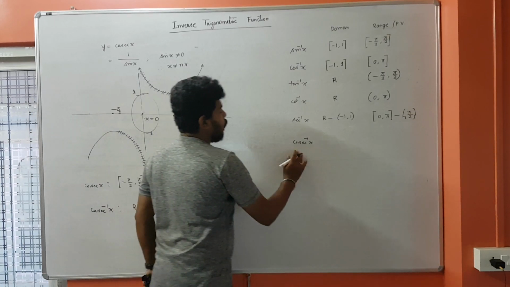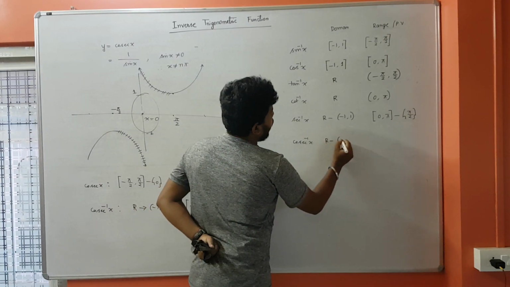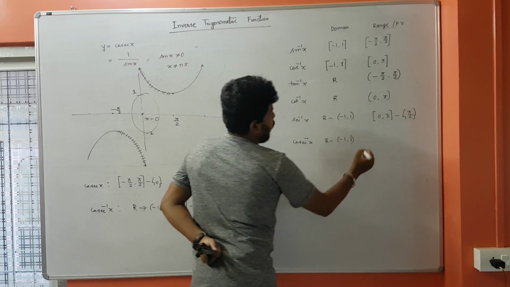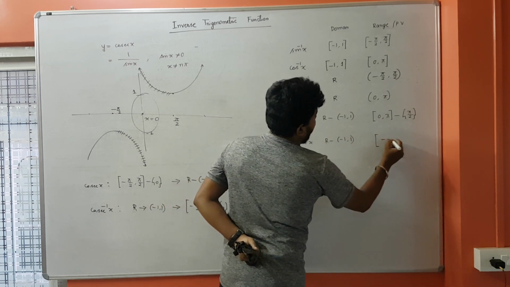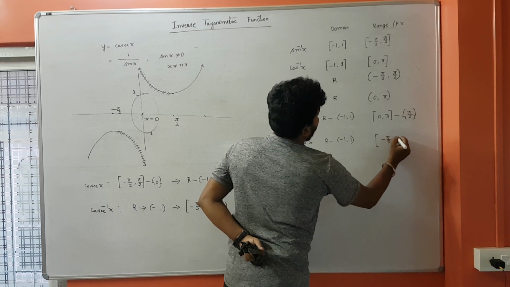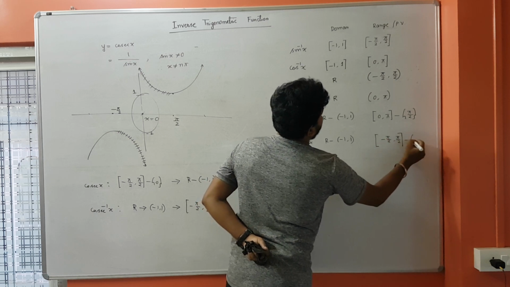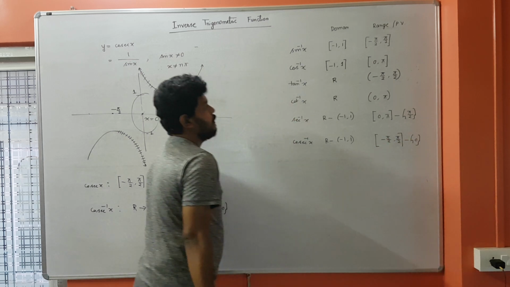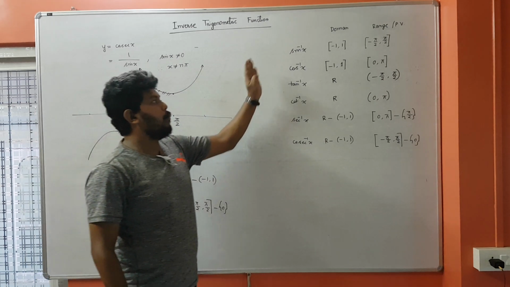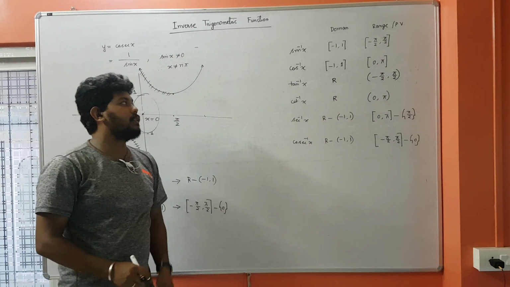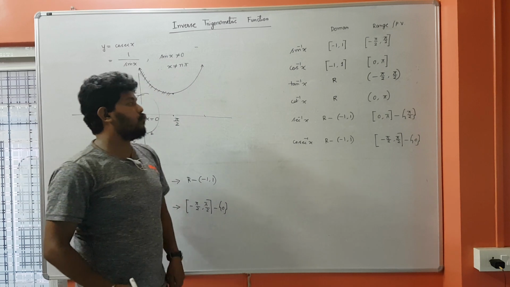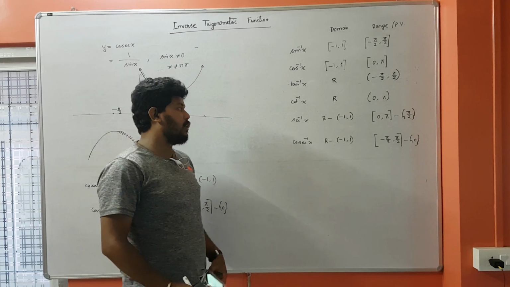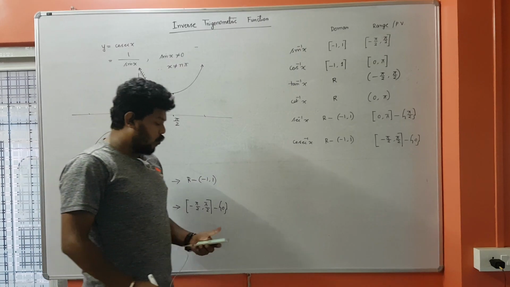Therefore, for cosec inverse of x, the domain is R minus (-1, 1) and the range is minus π/2 to plus π/2 except 0. These are the domain and range of sin inverse of x, cos inverse of x, cot inverse of x, tan inverse of x, sec inverse of x and cosec inverse of x.